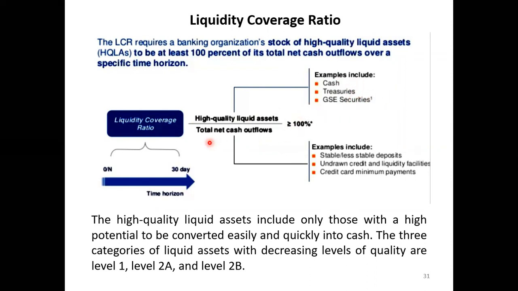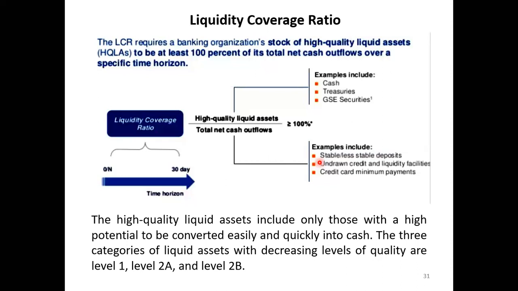And total net cash outflows include stable or less stable deposits, so some people withdraw money from the deposits. Undrawn credit and liquidity facilities: some people visit the bank branches to apply for a loan, to take the sanctioned amount, the approved amount of the loan.